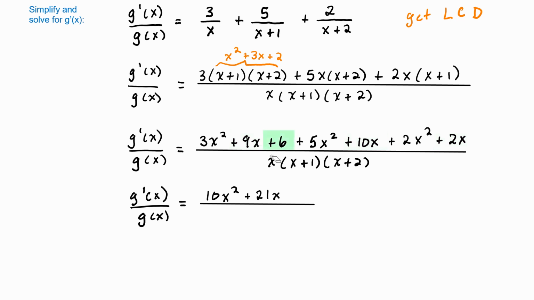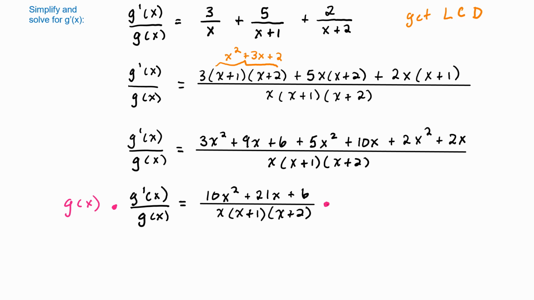And then the only constant term we have is 6. So we add 6. Our denominator stays the same, x times x plus 1 times x plus 2. Now remember that part of this last step is that we have to solve for g prime of x here. So the way we can do that is to multiply by g of x on both sides.